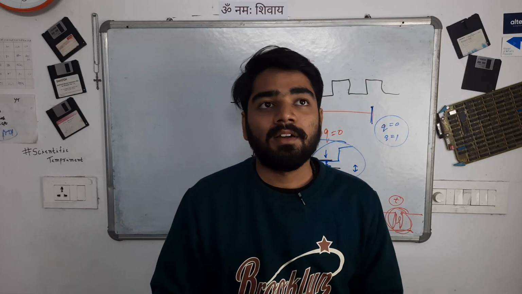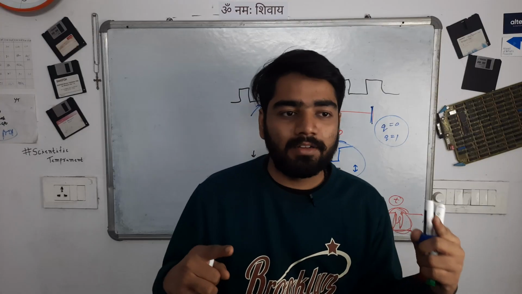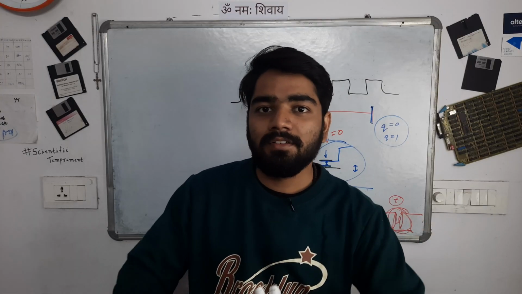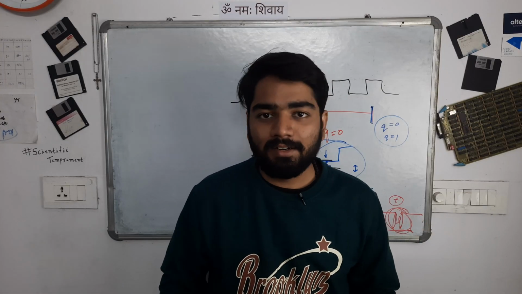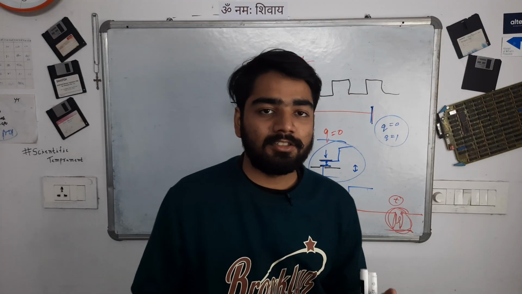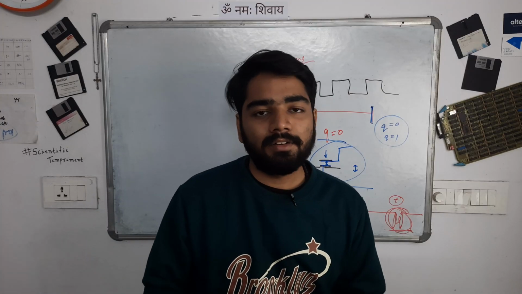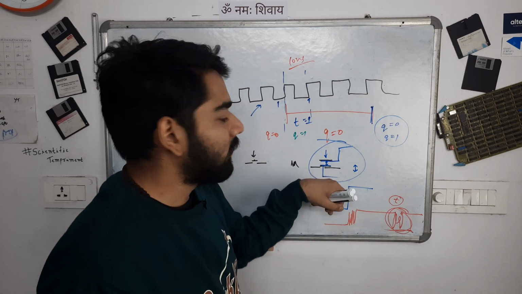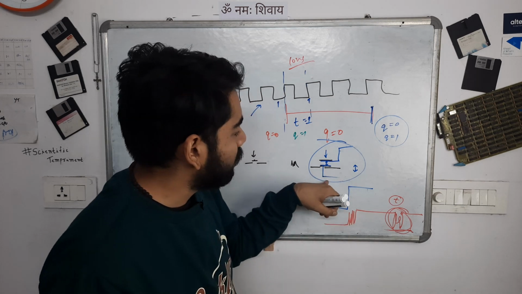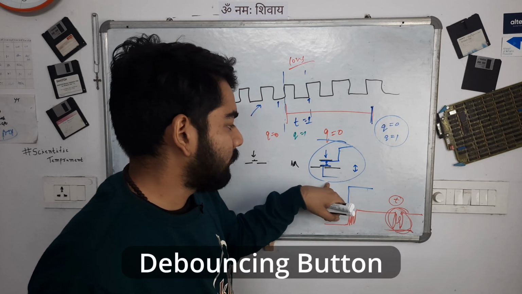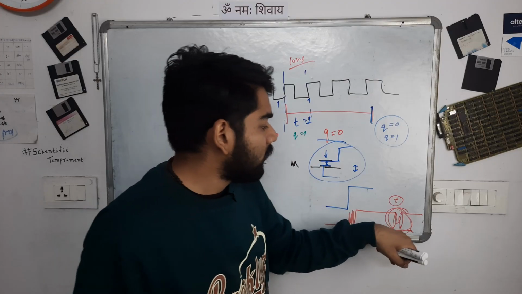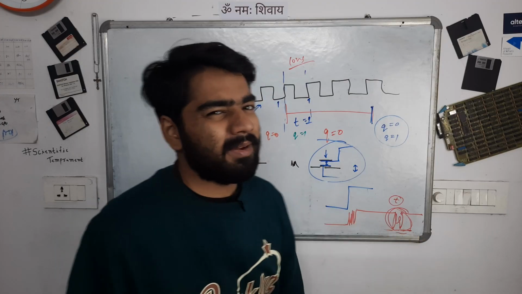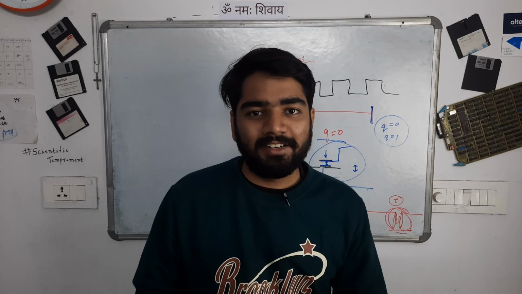Once you have the intuition and know the basics of clock division, you will be able to do so many things, so that is very essential to master. I'm also going to show you this button debouncing in the next few videos. In fact, I will show you these transitions on the oscilloscope as well, if possible. So stay tuned for that.